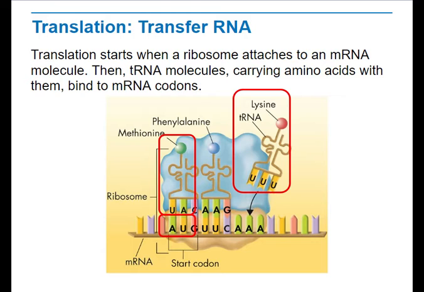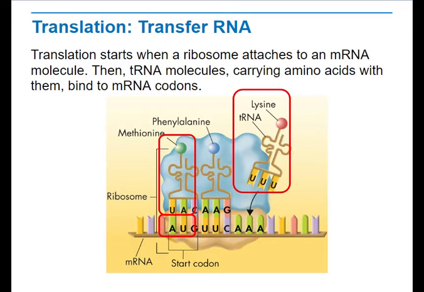mRNA codon UUC attracts the tRNA anticodon AAG, and the tRNA that has AAG has a phenylalanine attached to the other side.